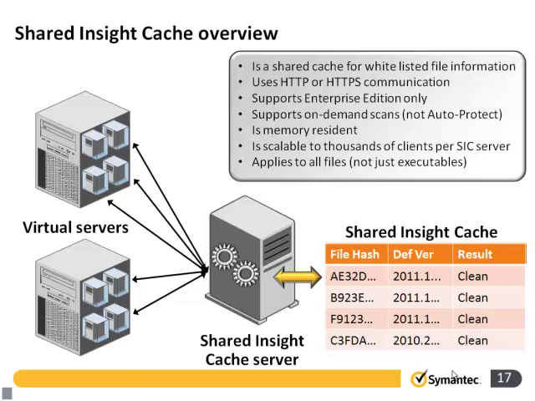We've got secure communication between this Shared Insight Cache server and the virtual servers. It supports on-demand scans only, not auto-protect. It is memory resident and is scalable to thousands of clients that can share this SIC server. And it applies to all files, not just the executables.